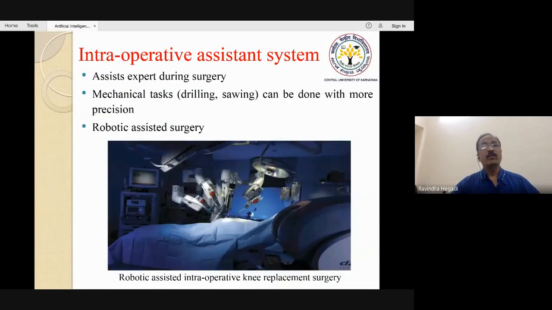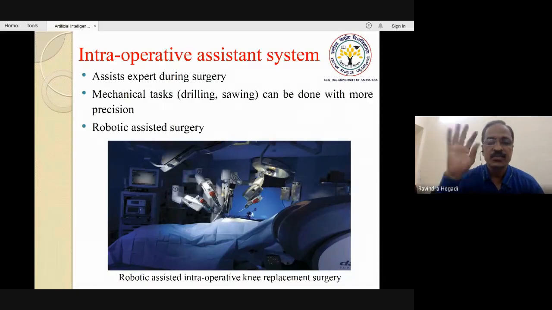Then if we look at the intraoperative assistance system, when the operation starts, in what way will our simulation system help? During the intra-operation, that is during the conduct of the operation, you can see in the figure there is one operation theater in which many machines are helping.